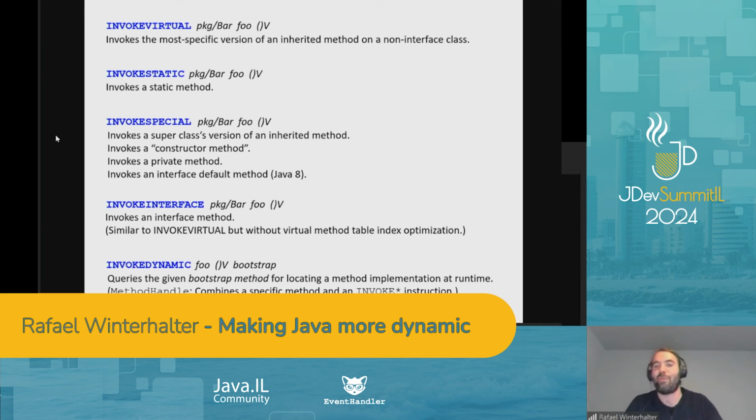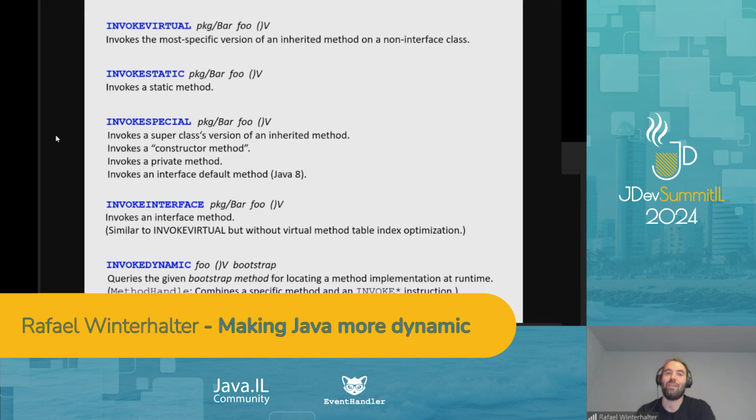You might have heard about invoke dynamic in the context of lambdas and so forth. So what does invoke dynamic do? The whole idea of invoke dynamic is that you have a two-step invocation process. Instead of specifying an actual target, invoke dynamic specifies a bootstrap method.